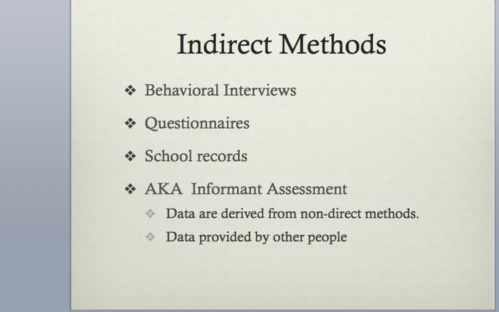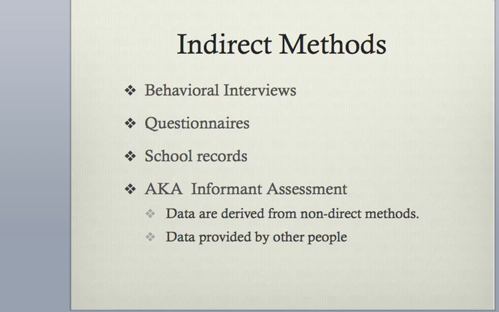Indirect methods are the beginning of the functional behavioral assessment program, to collect data that is either based on self-report or exists in other kinds of records. So it will include things like behavioral interviews and questionnaires, check sheets.